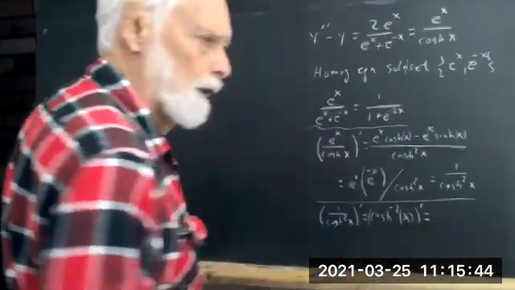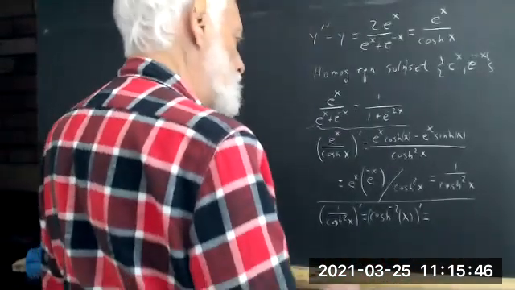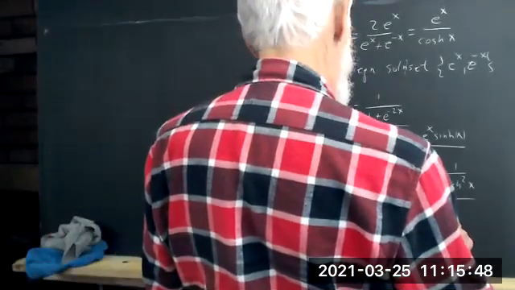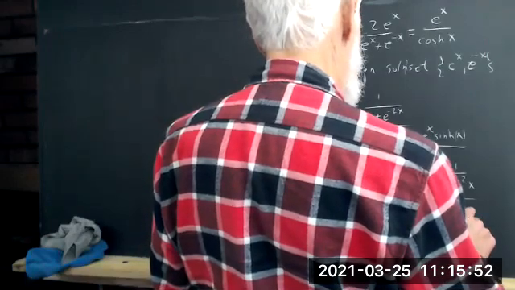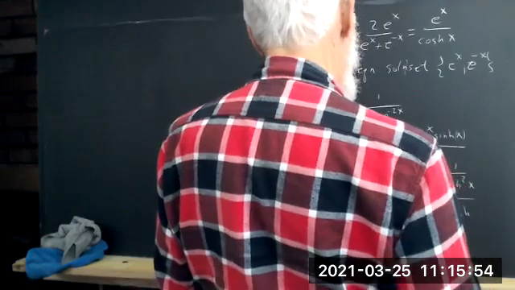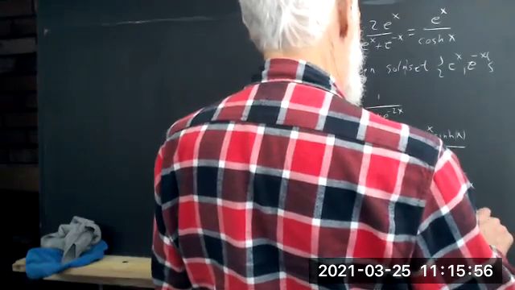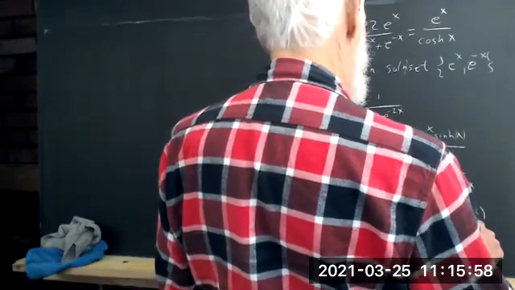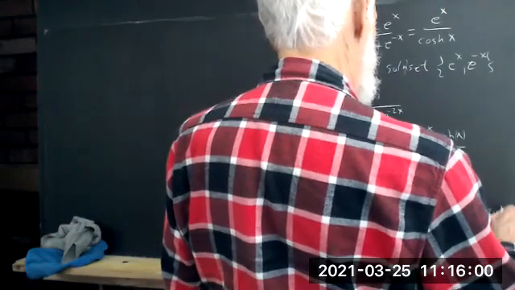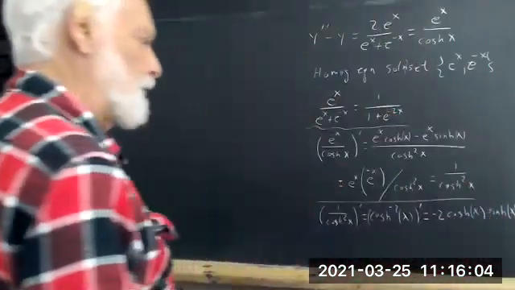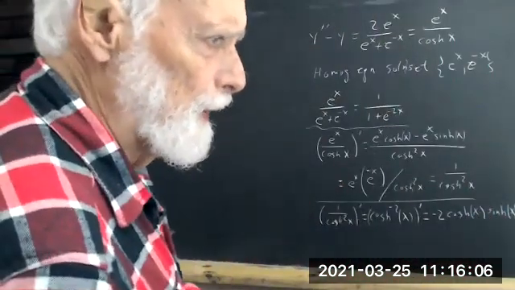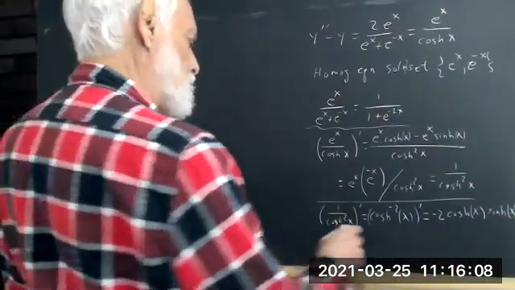I'll treat it as a composite, and I'm going to get negative 2 times the hyperbolic cosine of x times the hyperbolic sine of x, and I hope I'm doing that right.